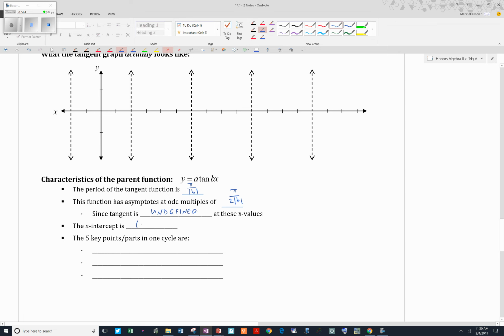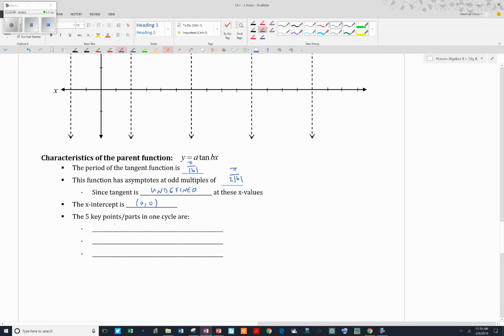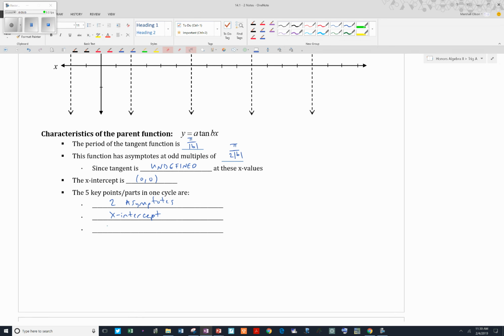The x-intercept is going to be 0, 0. And then the 5 key points in one cycle are the 2 asymptotes, the x-intercept, or once we start shifting up and down, the midline intercept, and then the two turning points that are halfway between the x-intercept and the asymptotes.